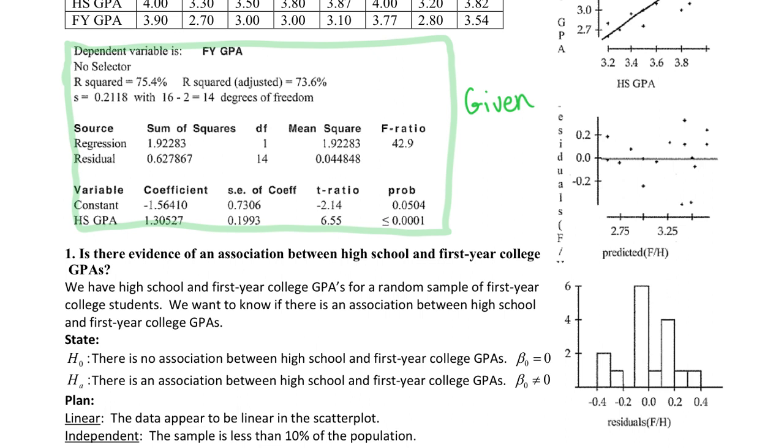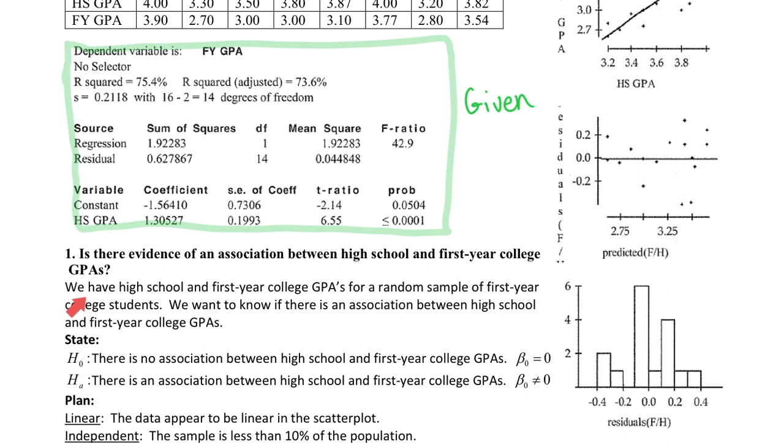Okay, so this was a problem that tried to find a relationship between a student's grades in high school and their grades in their first year of college. So, is there evidence of an association between high school and first year college GPAs?